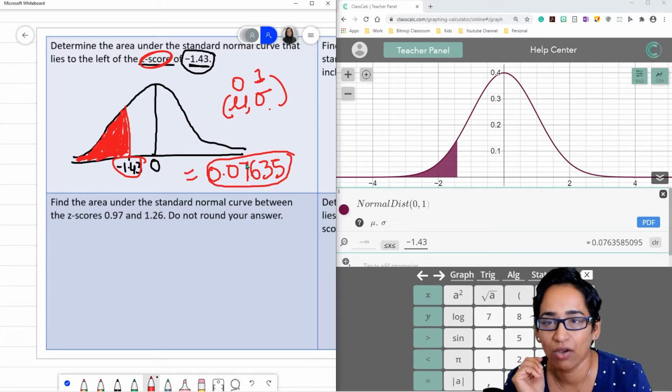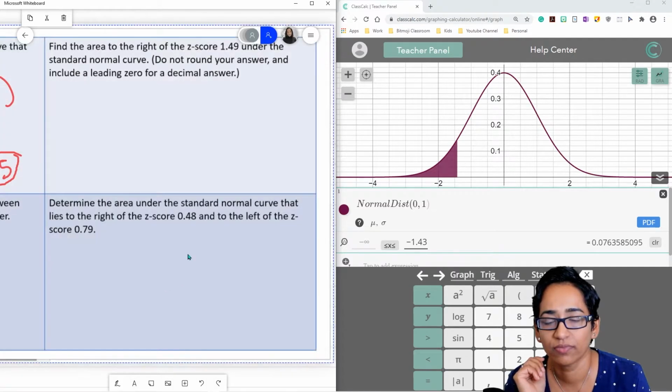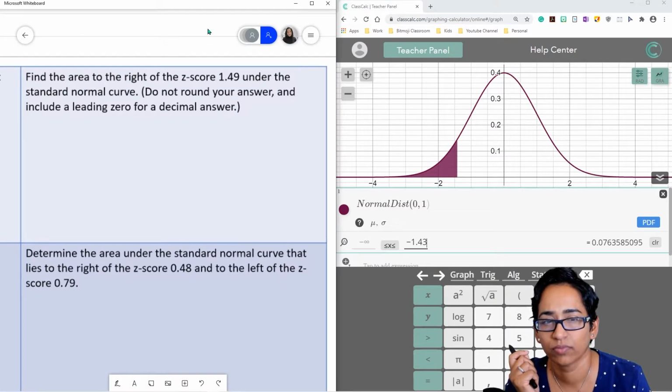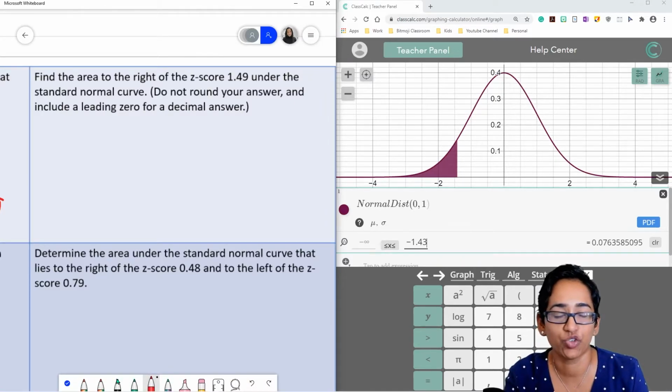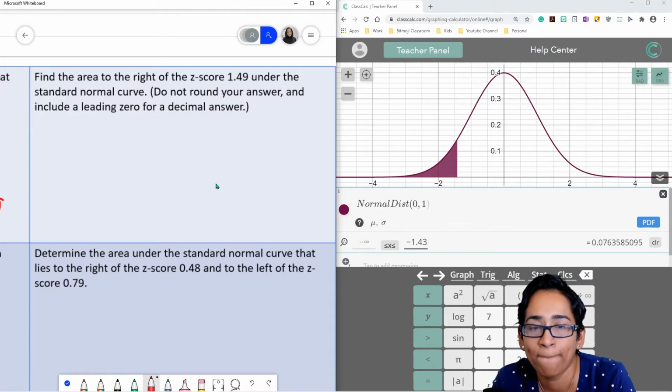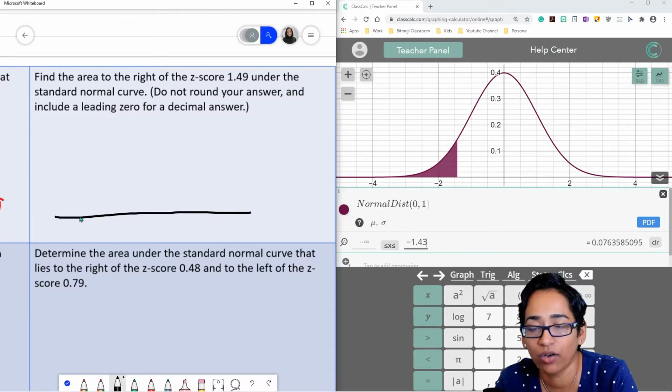Okay, now let's take a look at the next one. All right, this one says find the area to the right of the z-score 1.49. So again, my first instinct is to go ahead and graph my curve.